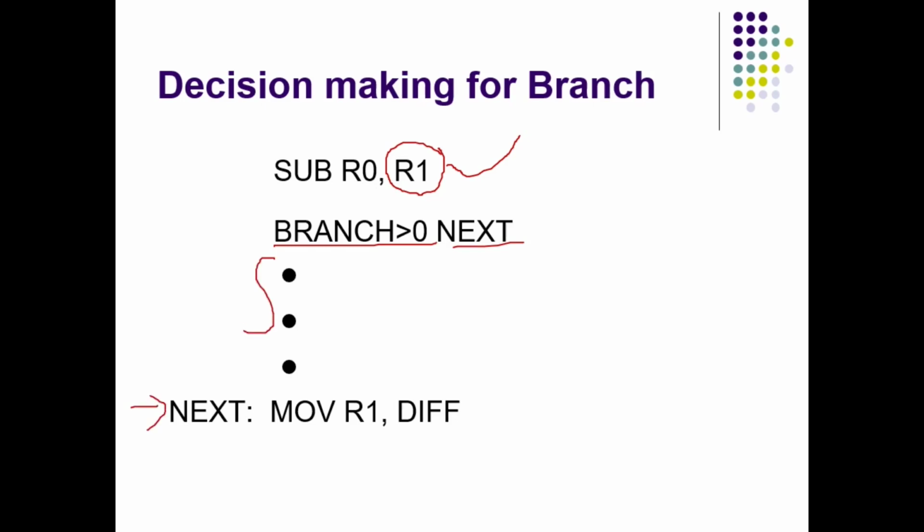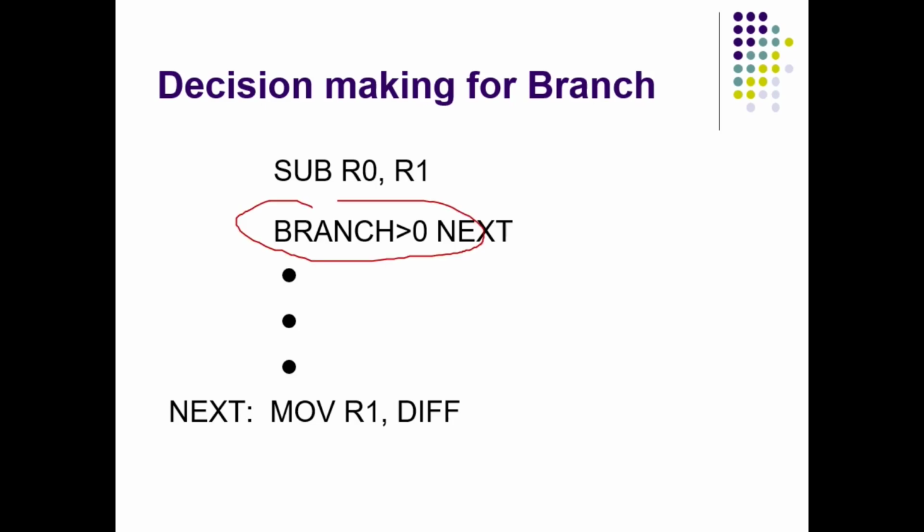That means I want to skip execution of these instructions if the R1 value is greater than 0 after subtraction. Now how does the processor decide whether the R1 value is greater than 0, less than 0 or equal to 0? During execution of the branch instruction, the processor checks the zero flag in the flag register. That is nothing but the status of the recently executed instruction.